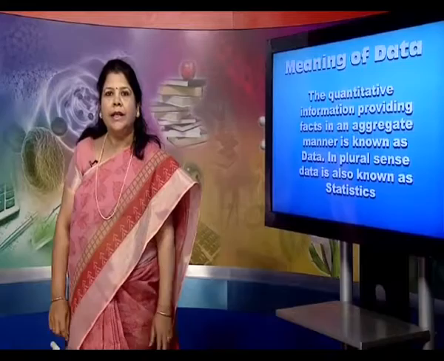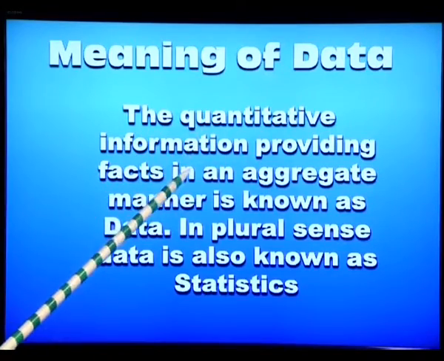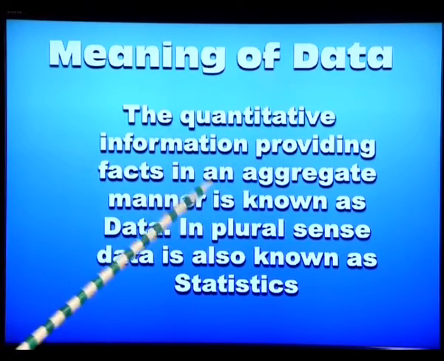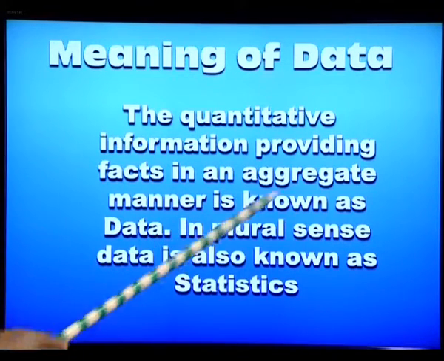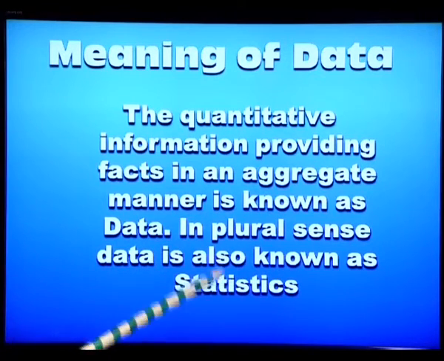Let us now understand what data is. The quantitative information providing facts in an aggregate manner is known as data. In plural sense, data is also known as statistics. So, statistics is a subject in all.